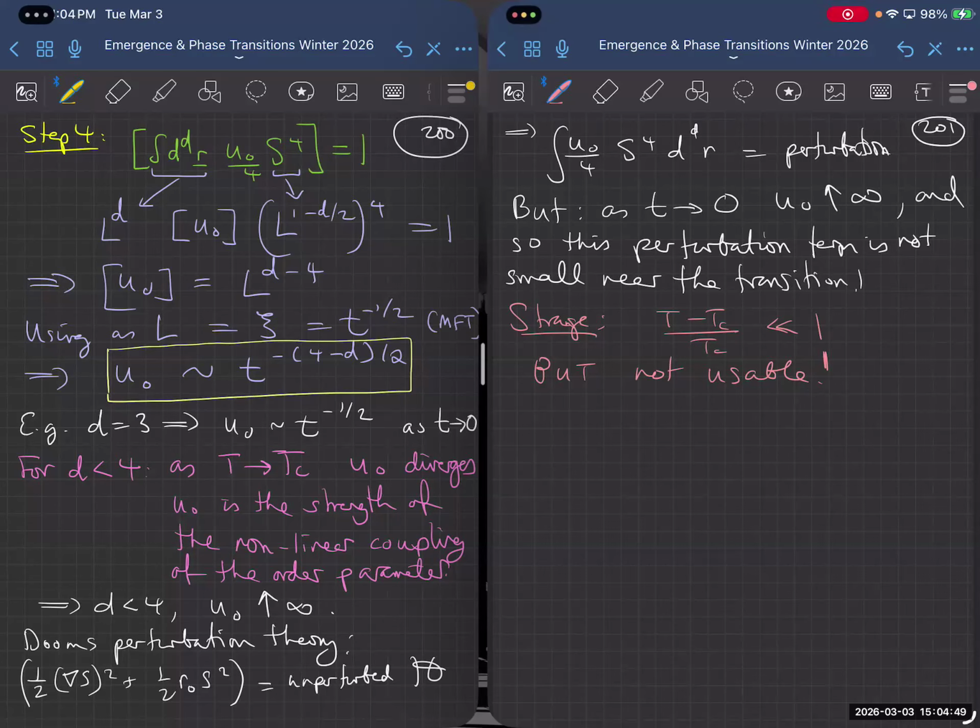I'm going to have to fix this later. I think this is correct. L is, if you put t to the minus 1/2 in here, you get t to the minus 1/2 times d minus 4. Yeah, the problem, I did it too quickly. There's just one mistake. It should be t power 4 minus d over 2.